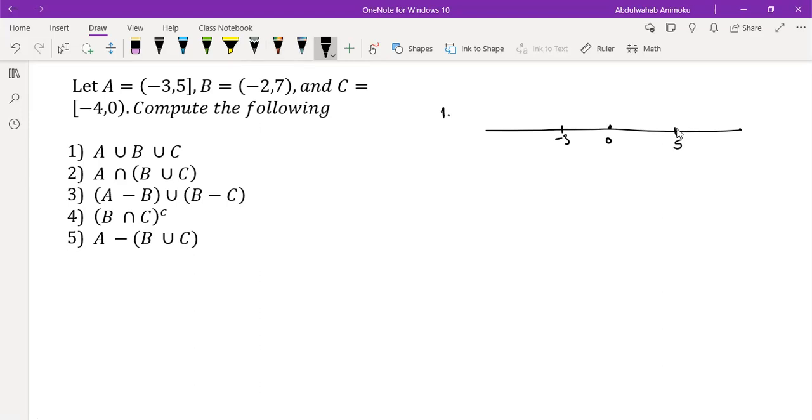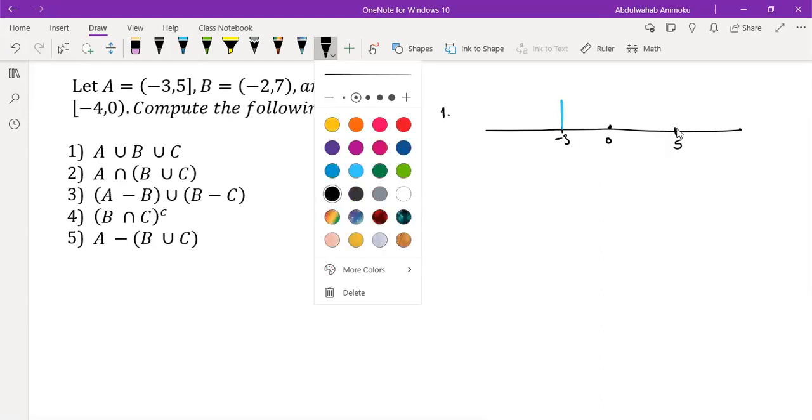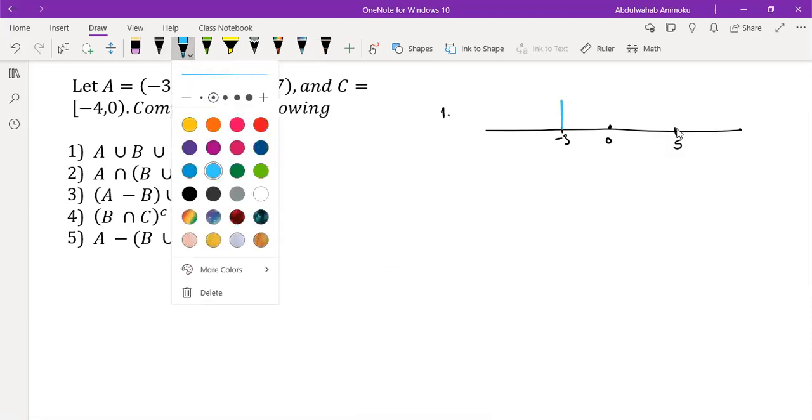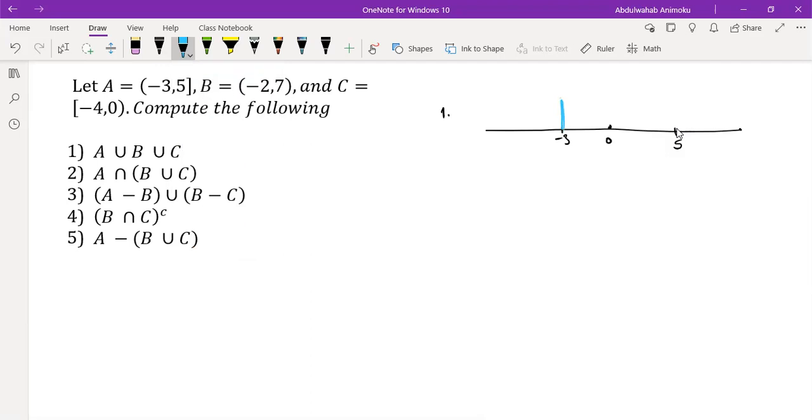Remember, set A is between -3 and 5, where -3 is not inclusive, but 5 is inclusive. It means that in this set, all real numbers between -3 and 5, where -3 is not part of the set, but 5 is part of the set. Now this is set A.